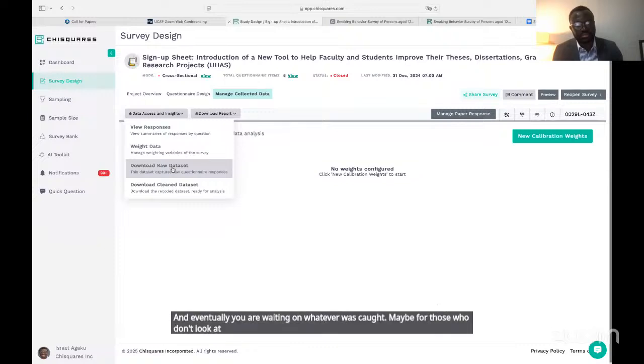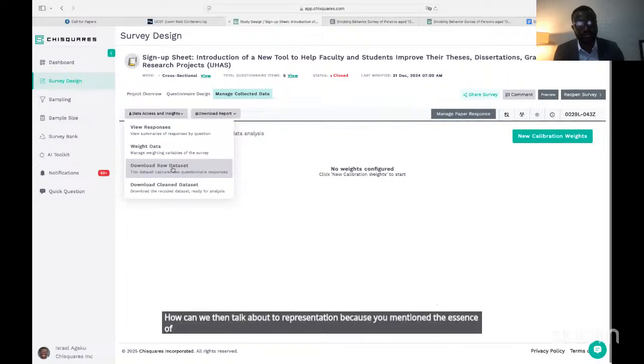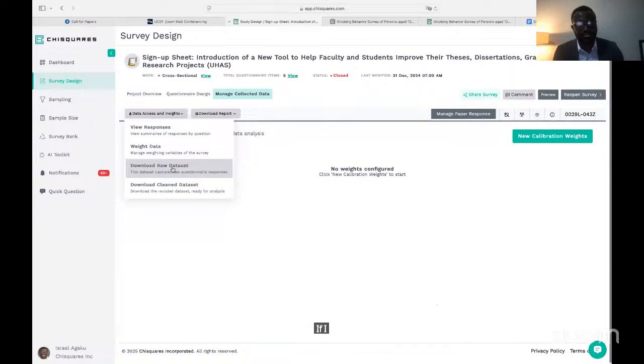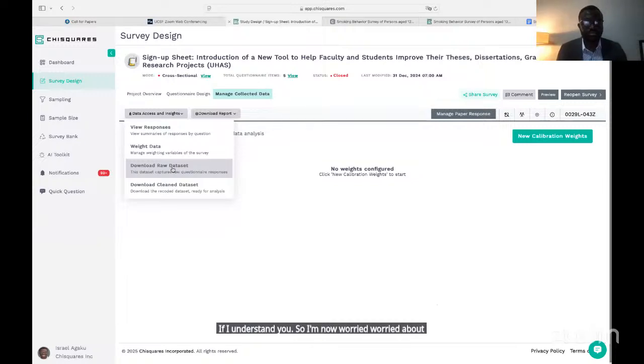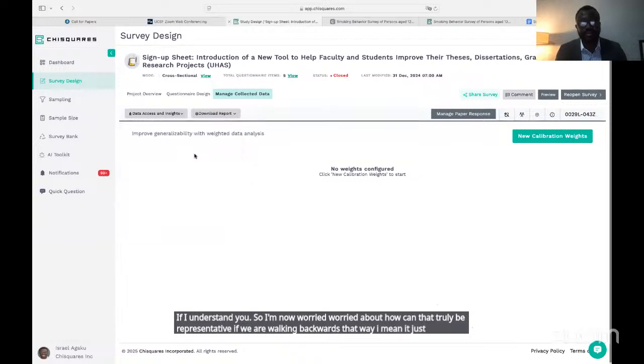Then how can we talk about true representation? Because you mentioned that the essence of working backwards on that sample is to see how representative that sample could be, and then forming some kind of a population sample, if I understand you. So I'm now worried about how that can truly be representative if we are working backwards that way. It's a little confusing to me. Maybe you can give some clarity.